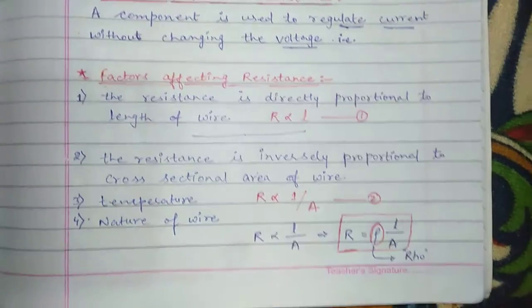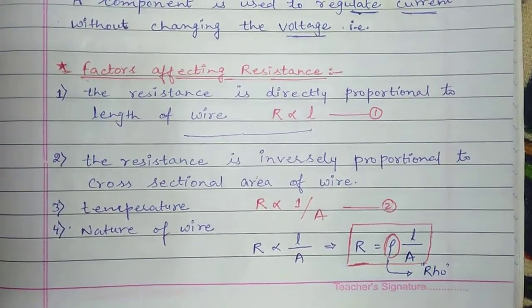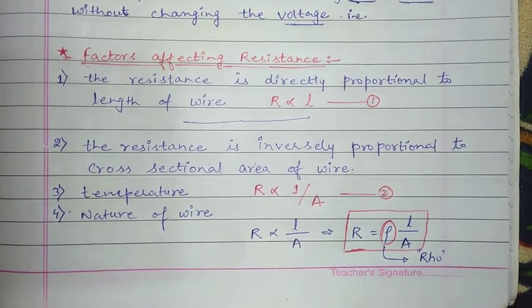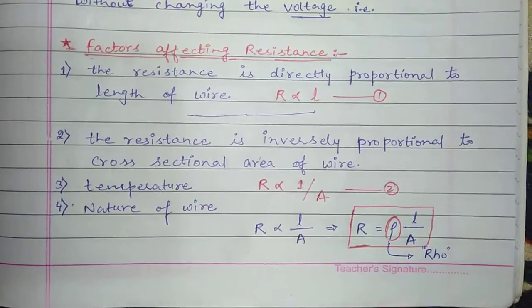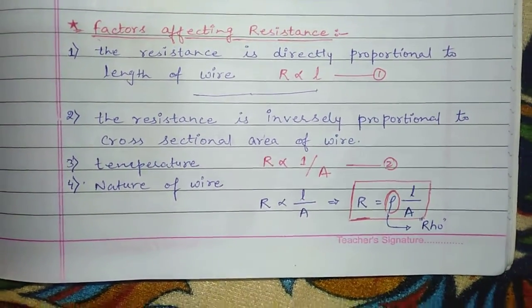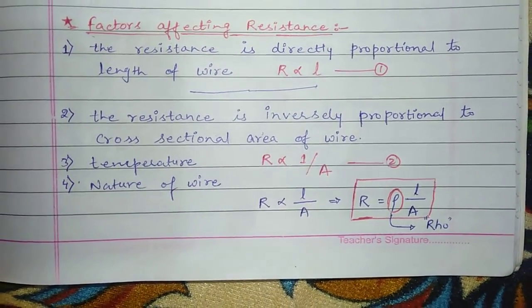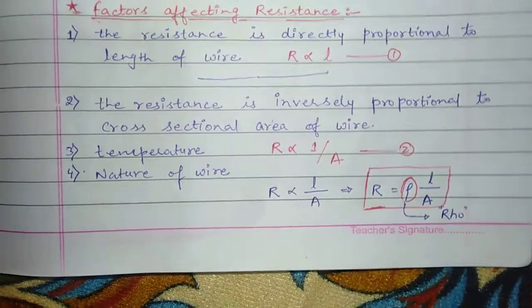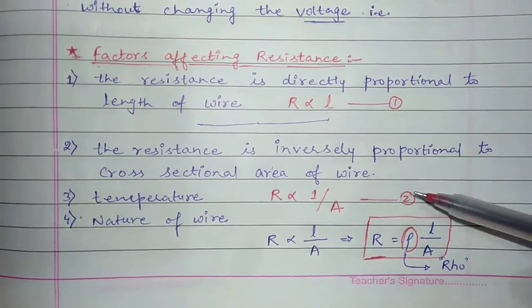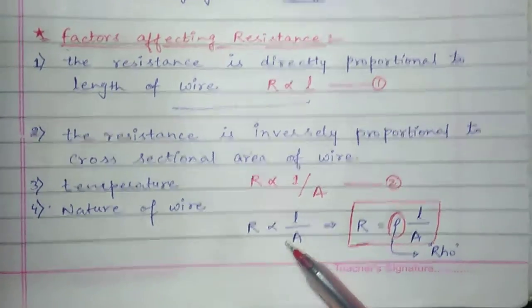So resistance is inversely proportional to the cross sectional area of the wire. If the thickness of the wire is more, the resistance decreases. If the wire is thin, the resistance would be high.